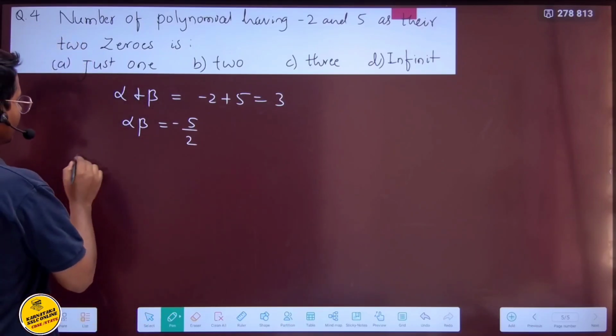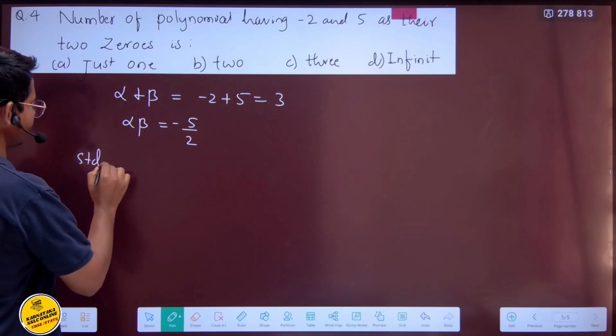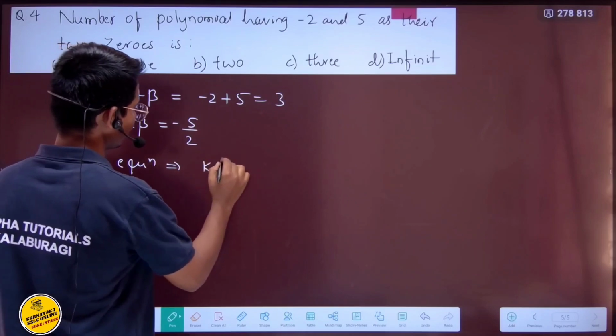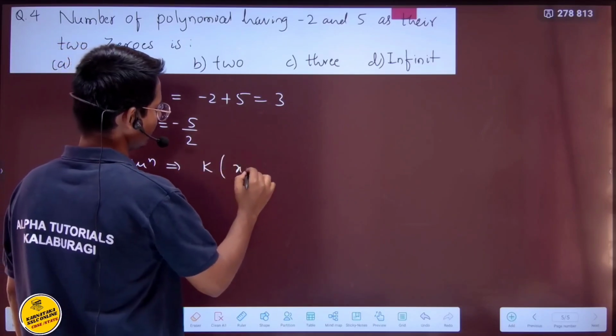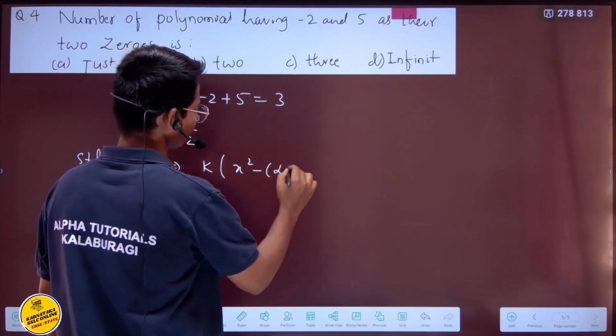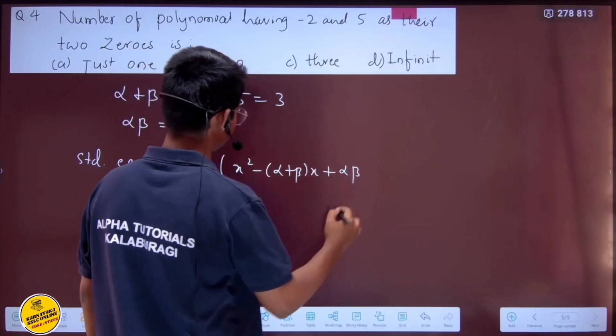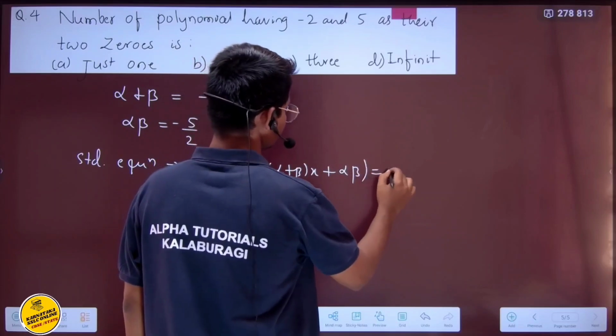Now we know the standard form of a quadratic polynomial with the help of the zeros. The standard equation is going to be k into x square minus alpha plus beta x plus alpha into beta equal to 0.